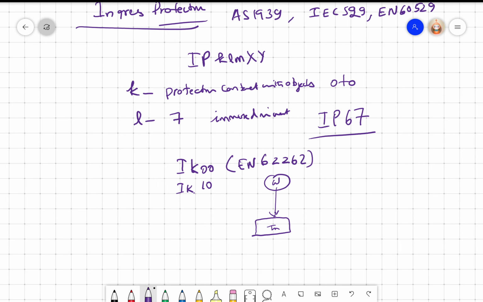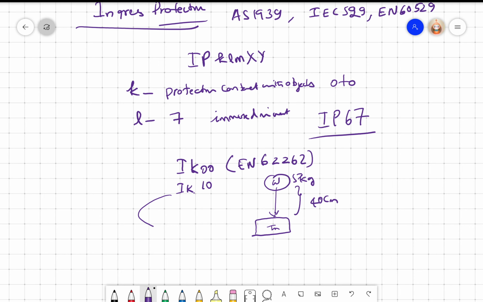For example, if a transducer has IK10, then what it means is I can lift 5 kilograms to 40 centimeters height and drop it on the transducer, right? That 5 kg mass just goes on the transducer dome, and nothing will happen to the transducer. The transducer can withstand, right?